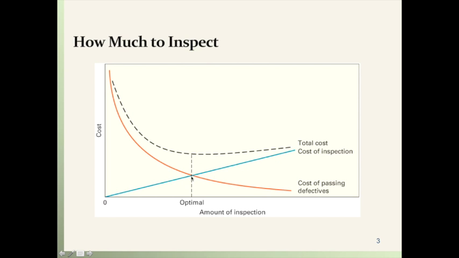So it's actually where these two cross, and that's the optimal. So in this case, you're spending the same for inspection as you're spending for the cost of passing on defects. So that's sort of the optimal point.